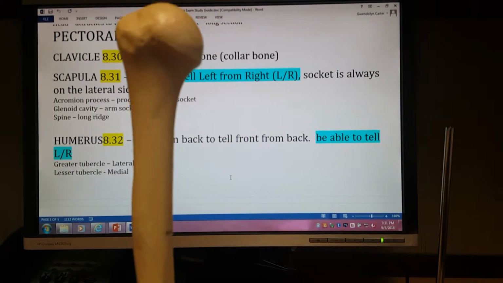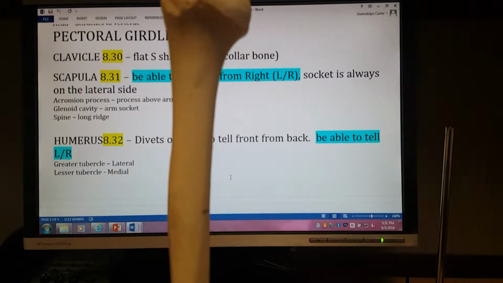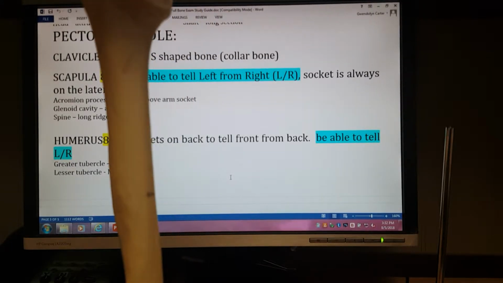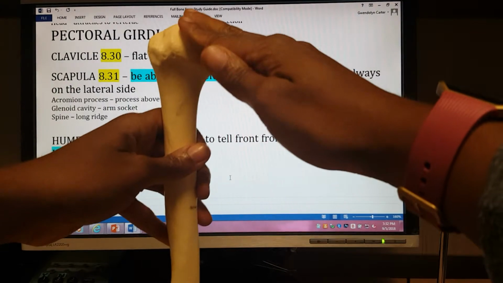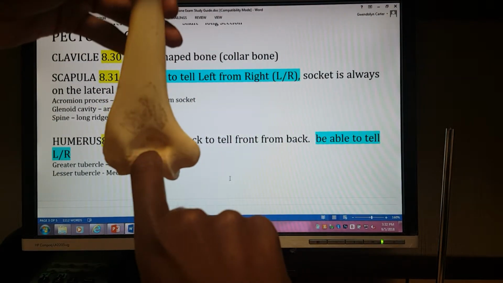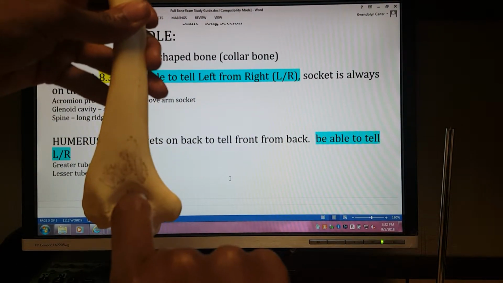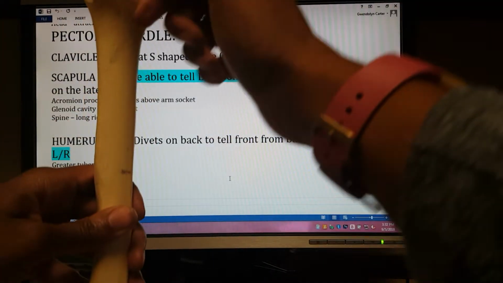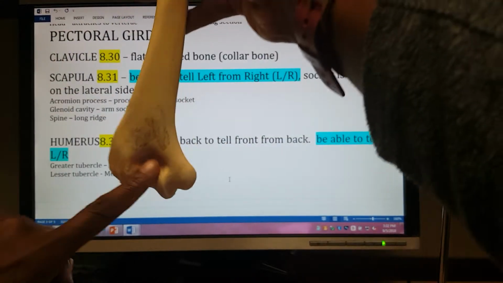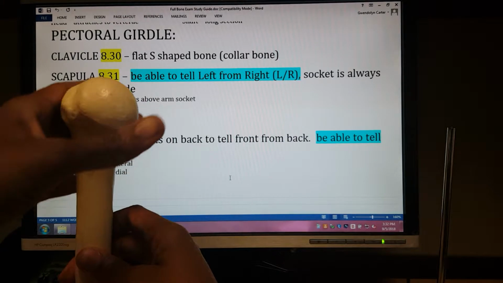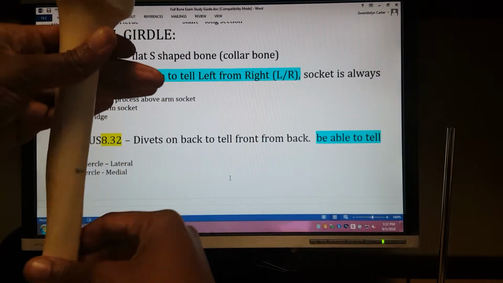Unfortunately, I got the wrong side of the scapula, but it's okay. This goes into the scapula, our head portion. This goes to the back. So we're able to tell our left from our right. If this is going into the body, this is in the back, so that means that this is attaching on the left side.